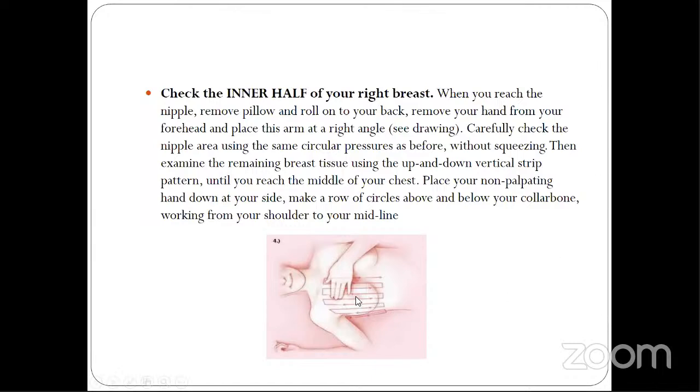First we reach the nipple, then we change position and move until we reach the midline. Then, with the non-palpating hand down at your side, make rows of circles above and below your collarbone.